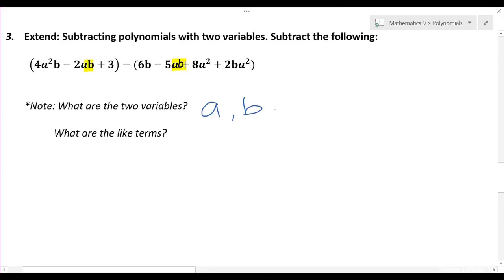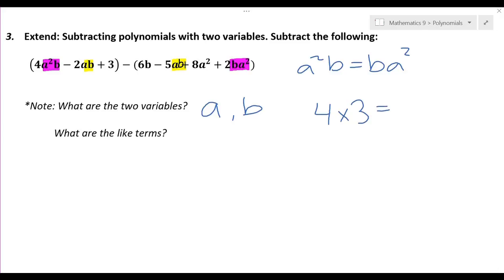And notice we also have an a squared b and a b squared a. These are actually like terms because a squared b is equal to b a squared. If you have 4 times 3, that's the same as saying 3 times 4.